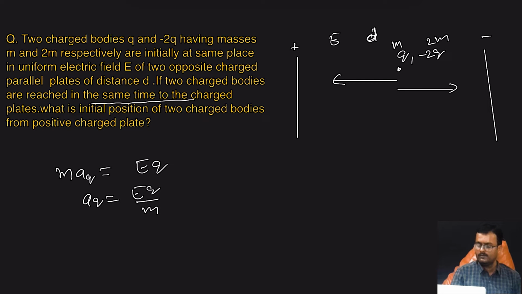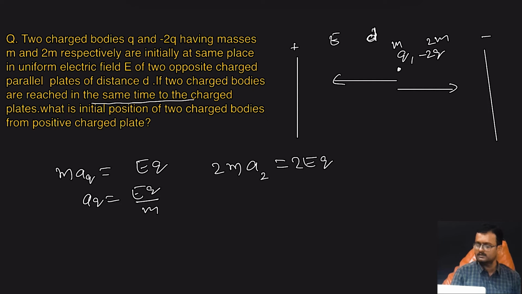Now the force on minus 2Q is E times the charge. Minus 2Q, but the minus sign is not taken here because I want only the magnitude. So the force is 2EQ and force is equal to ma. What is the mass? That is 2m.